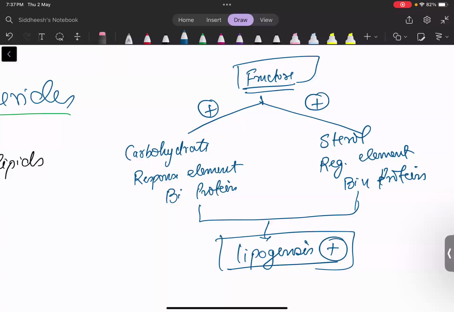Let me repeat the fructose part. If you can recall your biochemistry, we were having a lot of sugar types: sucrose, galactose, fructose, maltose, and all those things. Among all the sugars, fructose can easily cross into the portal circulation. Once fructose comes to your portal circulation in unchanged form, it is going to activate two different pathways. First is your carbohydrate response element binding protein. Second is your sterol regulatory element binding protein.